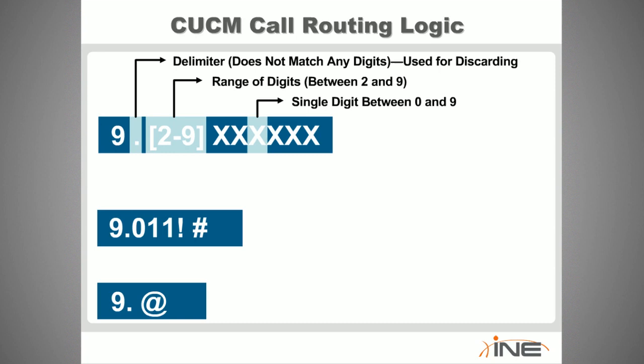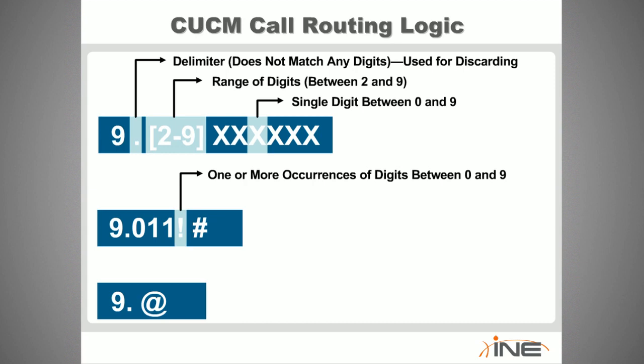Anyway, moving on. We see in the next pattern 9 dot. We've already covered the dot as the delimiter to discard pre-dot. We see 9, 0, and 1, then the bang. Some people refer to this as exclamation. Just because exclamation is a lot to say, you'll hear me often refer to it as a bang, or a ball bat. This matches one or more occurrences of any digit between 0 and 9.